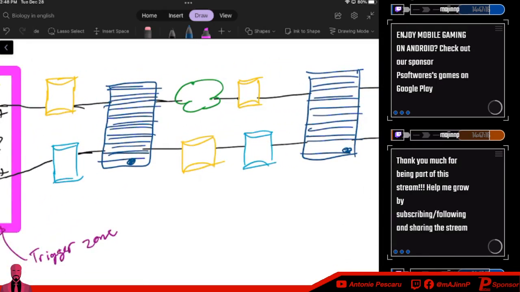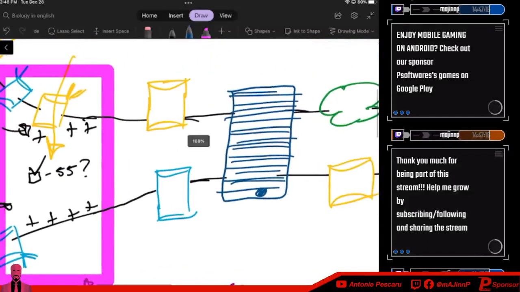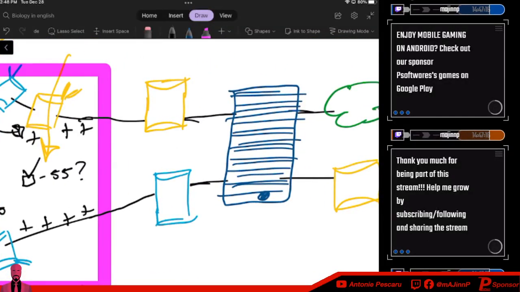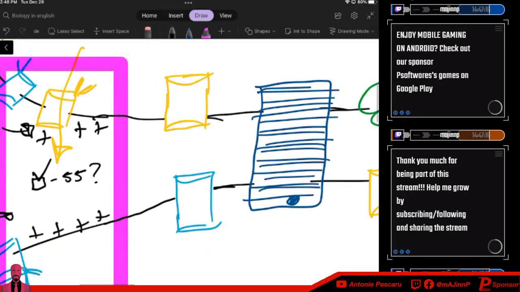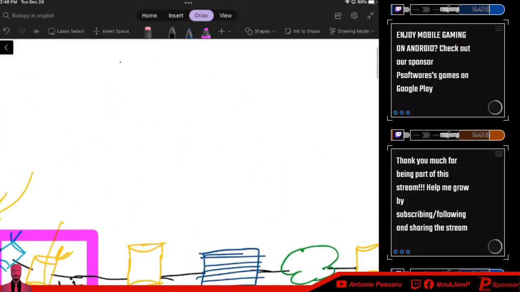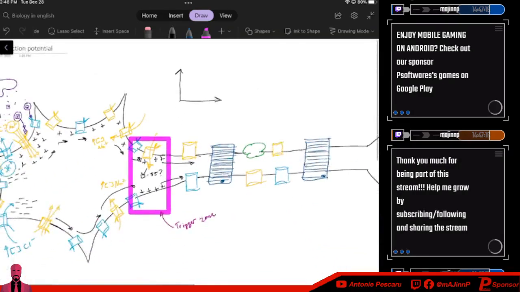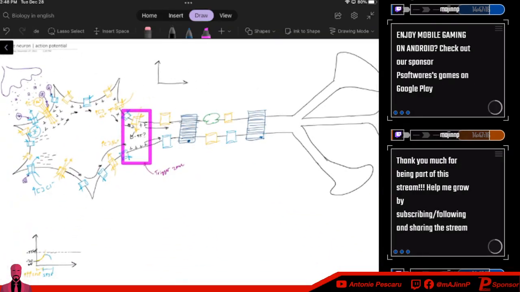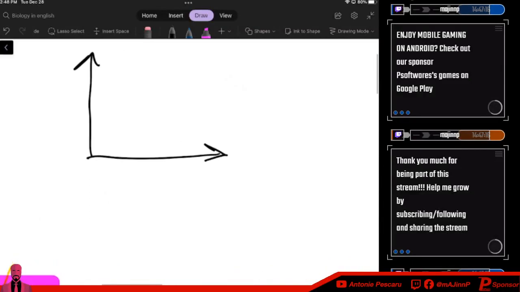And so this is what's going to happen. Let's start here at the top of the axon. There's an action potential going on. It travels here. If I redraw the graph, because the graph is not just one graph for one neuron. It's a graph for multiple parts that's happening outside of the neuron.